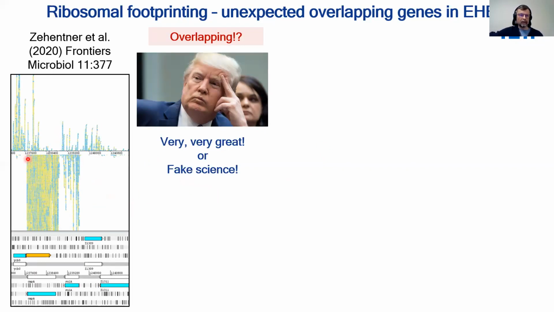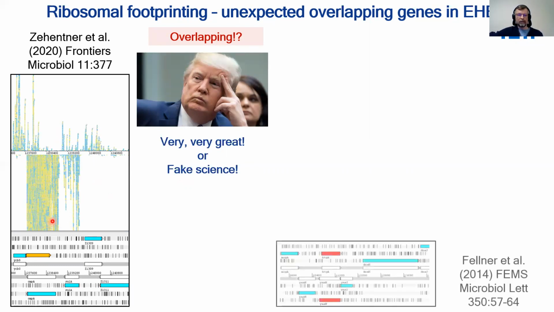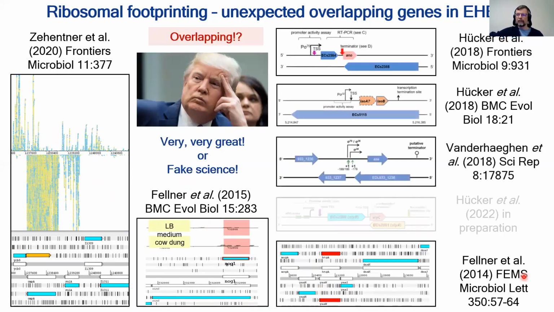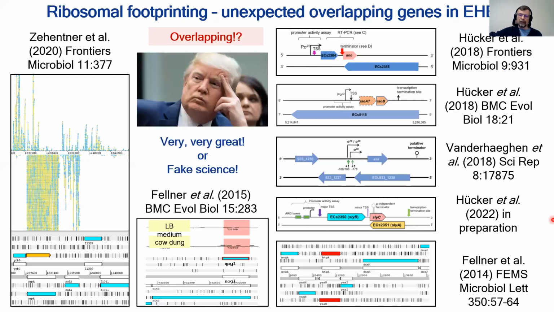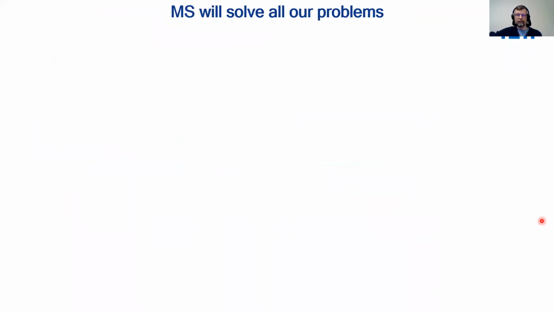This was the example I've shown you, published 2 years ago, and there are some other examples published some years ago. So we're getting there, right? But still, people would doubt if overlapping genes exist, because the ultimate proof for microbiologists is to show the peptide, right? Mass spectrometry, and this is why we are here.